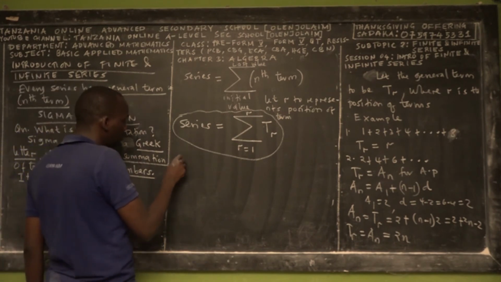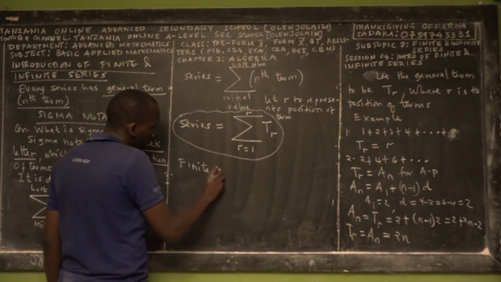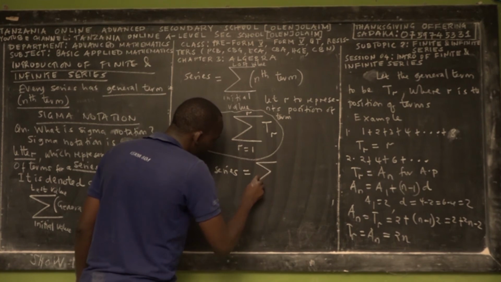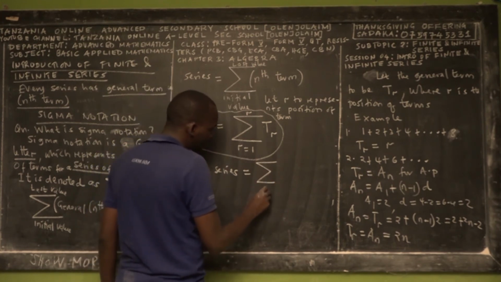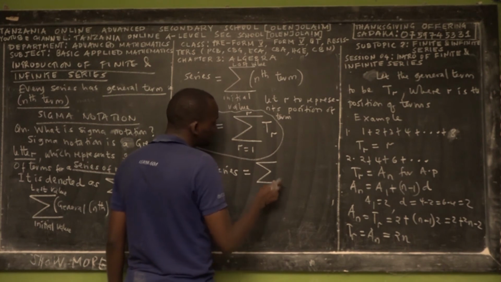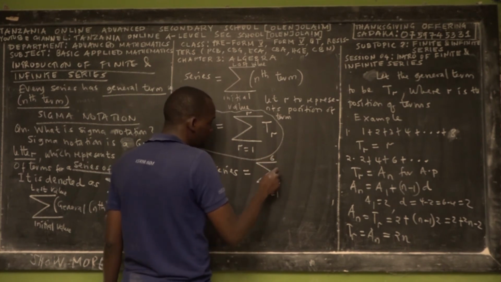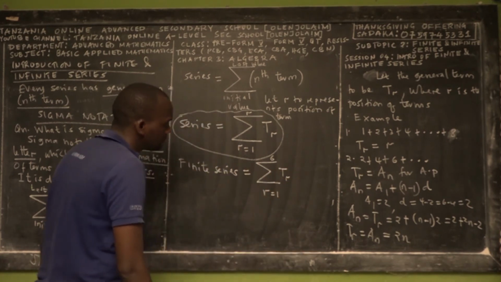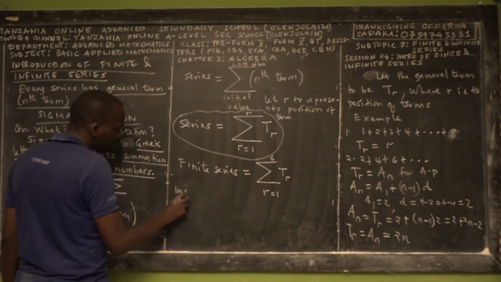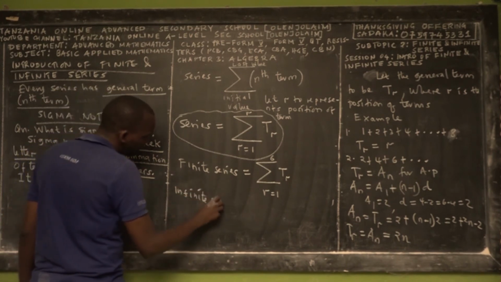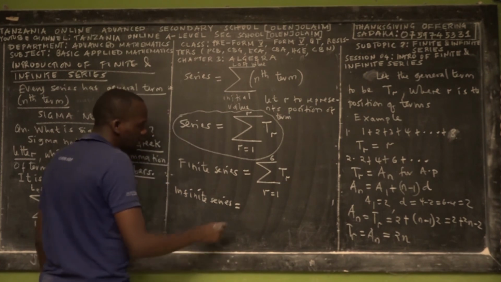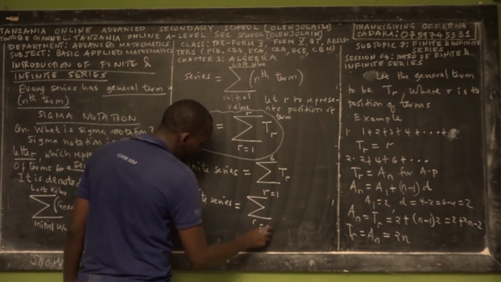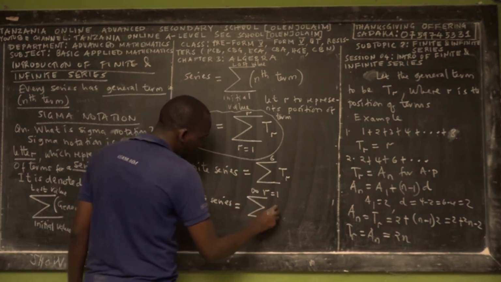For example, a finite series can be presented in sigma notation as r is equal to 1, and then maybe to 6, and here we have T_r. While an infinite series we can present in sigma notation from r is equal to 1 to infinity, and then T_r.